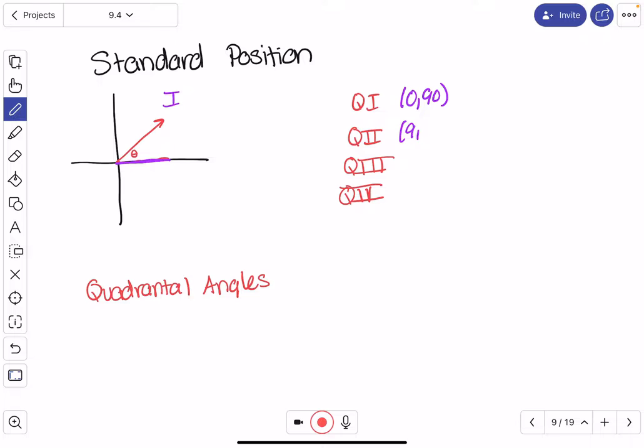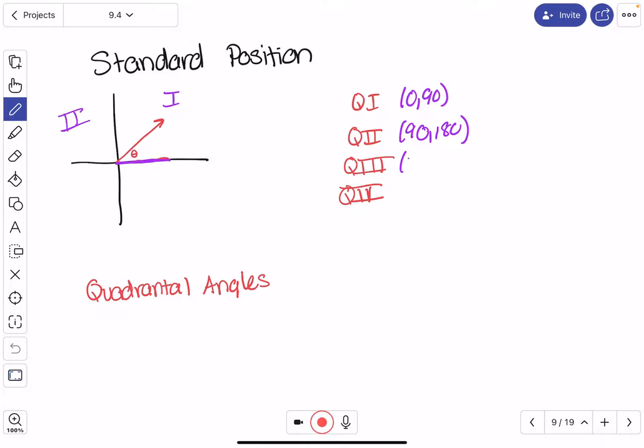And then 90 to 180 are quadrant 2. And then 180 to 270 are quadrant 3. And then 270 to 360 is quadrant 4.